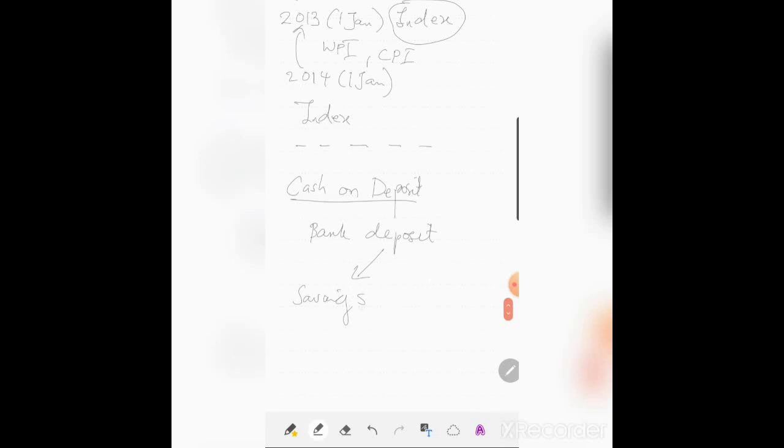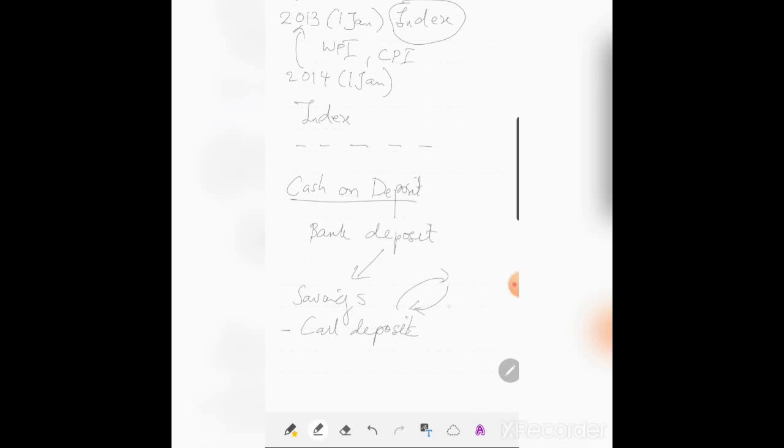So the savings accounts as well as the core deposit, what do they do? You can invest the money at any point, you can deposit the money at any point, and you can withdraw the money at any point.